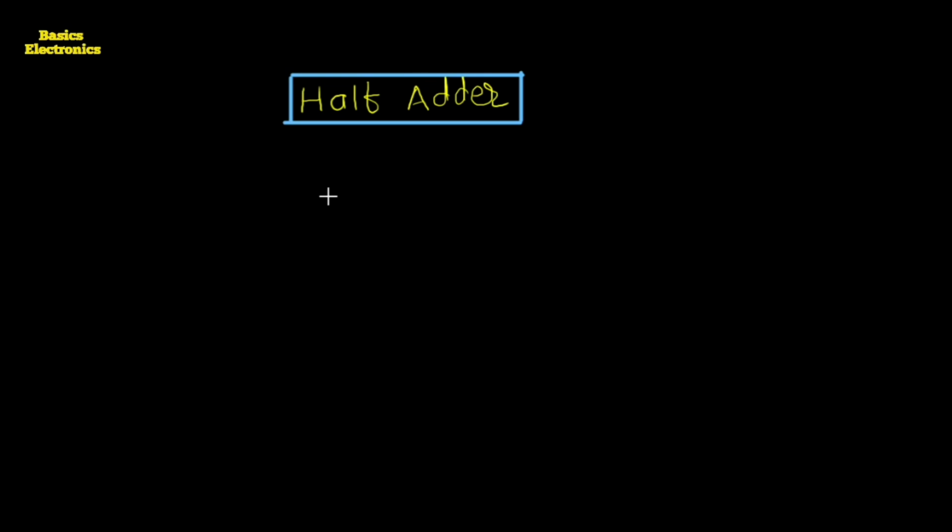As its name indicates, it is an adder. But what type of adder is this one? Because its name is the half adder. For what do we use this term half?